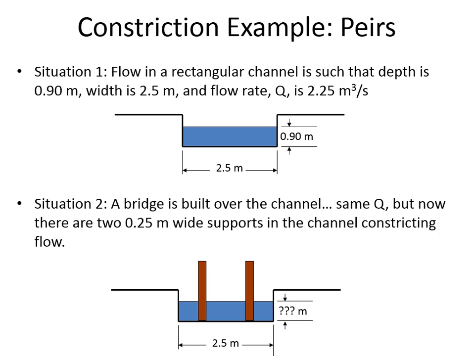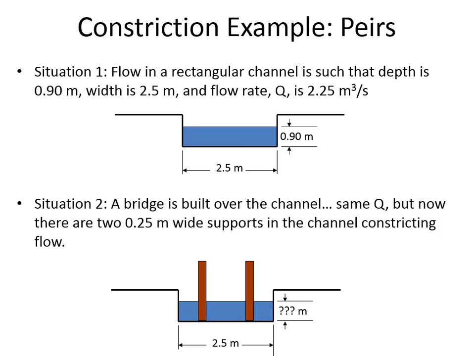And so now the effective width of this isn't 2.5, because if both of these piers are 0.25 meters in diameter, then together the two of them, 0.25 times 2 is 0.5 meters in width. And so now the flow can only go through 2 meters of width. So the actual lowercase b is going to be 2 meters.